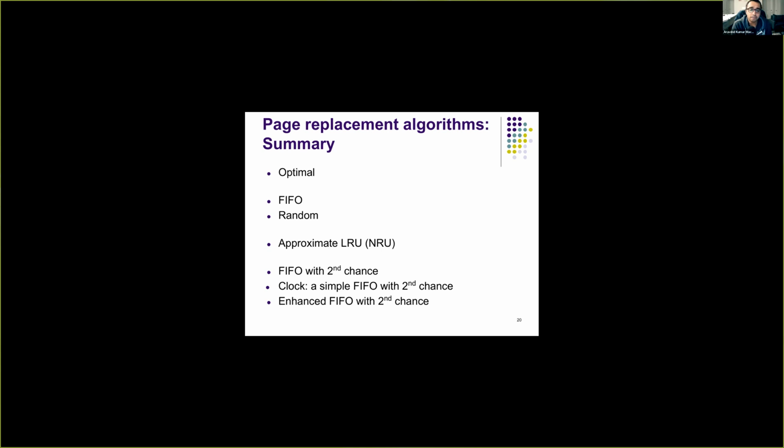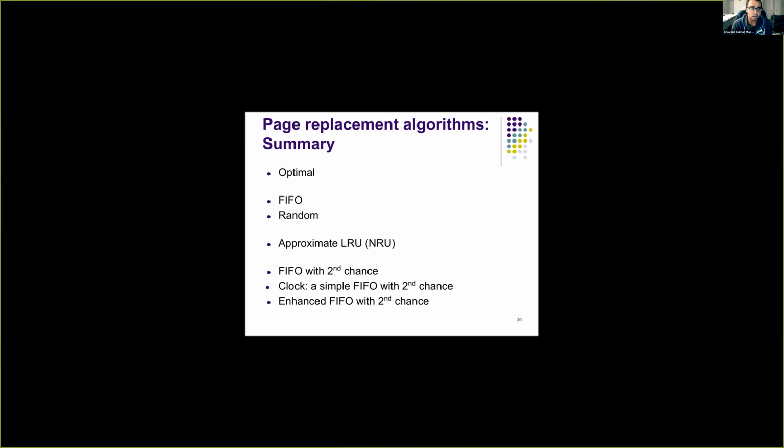And finally, we saw enhanced FIFO algorithm where, in addition to the reference bit, we also use the modified bit or dirty bit to select a page that is highly unlikely to be used and also has less cost in replacing the page.